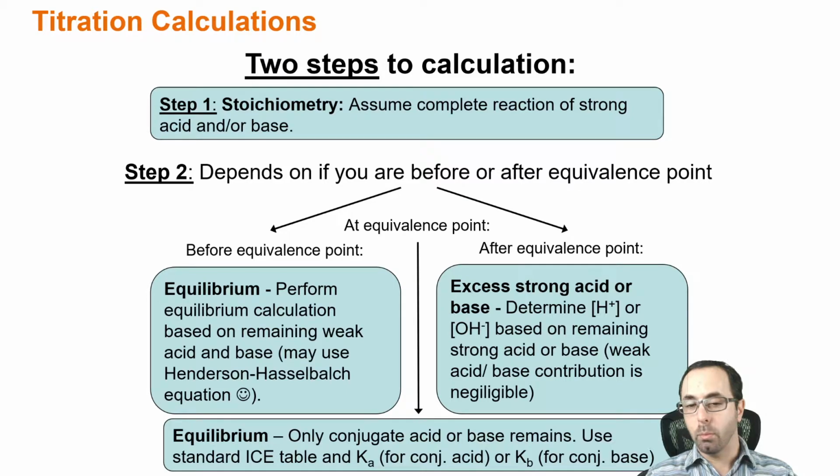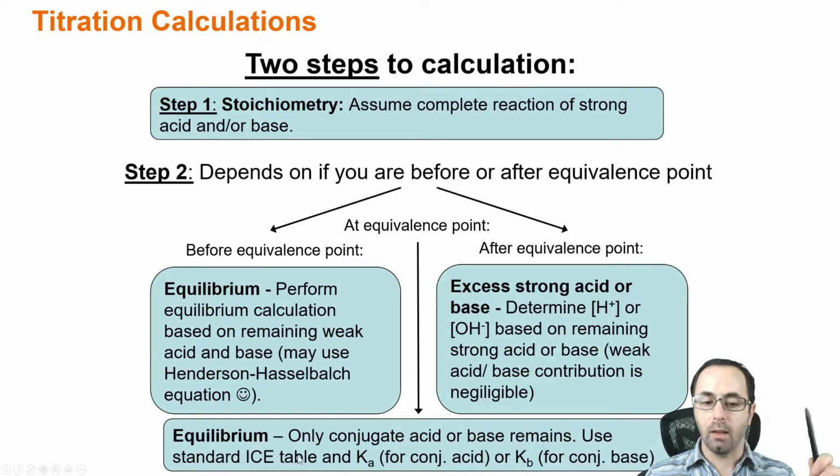So at the equivalence point, all of your initial weak acid or weak base is gone. All that's left is the conjugate. So you're going to perform an equilibrium calculation to determine the pH based on the remaining concentration of the conjugate acid or base of your original weak acid or weak base.